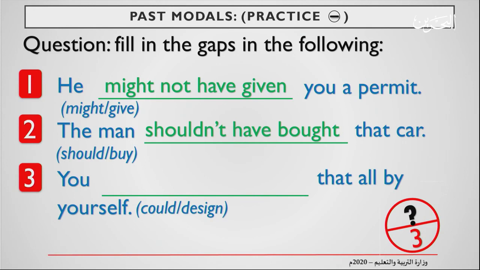You, gap, that all by yourself, could, and design. 5 seconds. Let's check the answer. The answer is you couldn't have designed that all by yourself. All right, give yourself a mark of 3 and let's carry on.